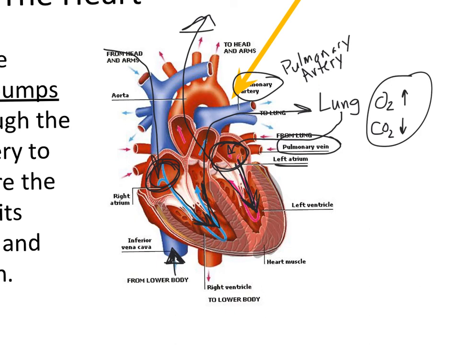So once more, we have blood coming from the body through the superior and inferior vena cava, then to the right atrium, which will then flow into the right ventricle. The right ventricle will send it to the lungs. It will then go back into the heart and into the left atrium, then to the left ventricle, and out the aorta to the body.